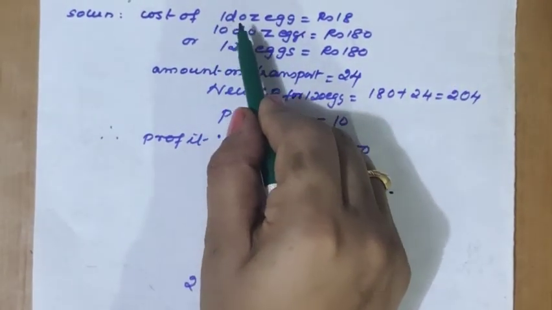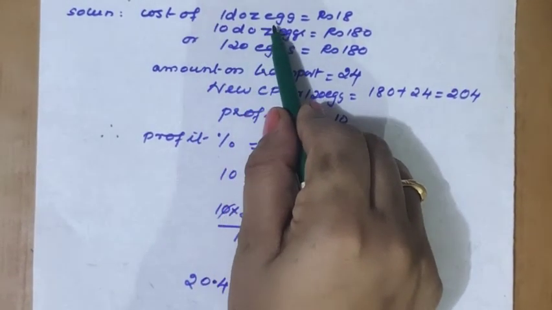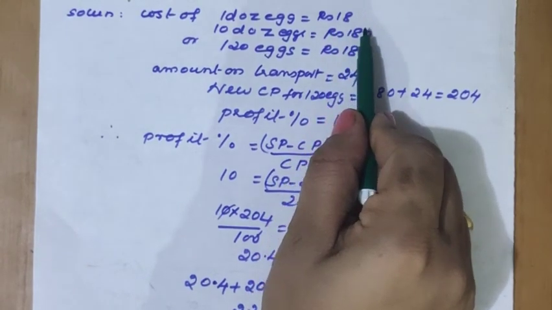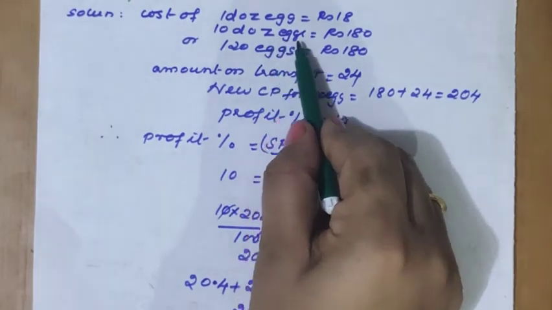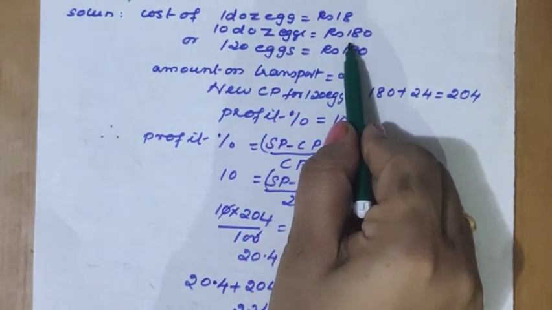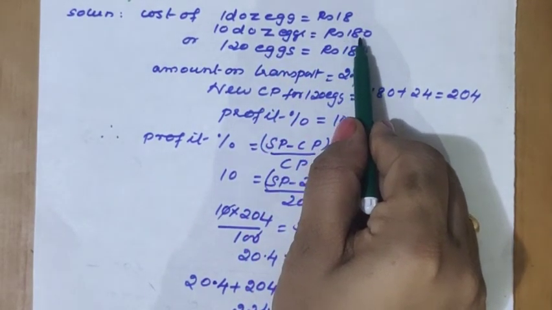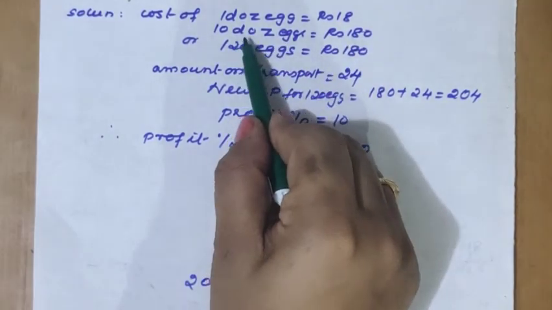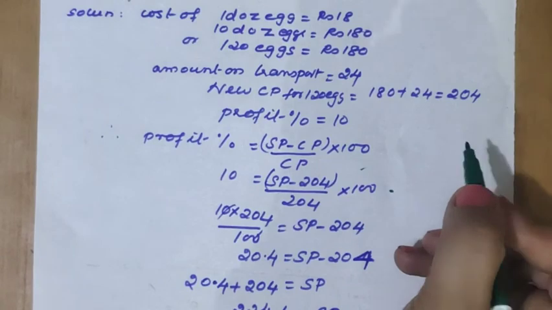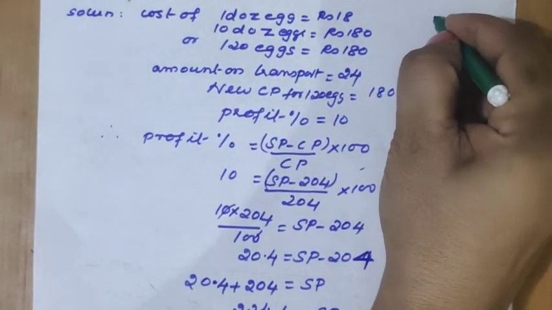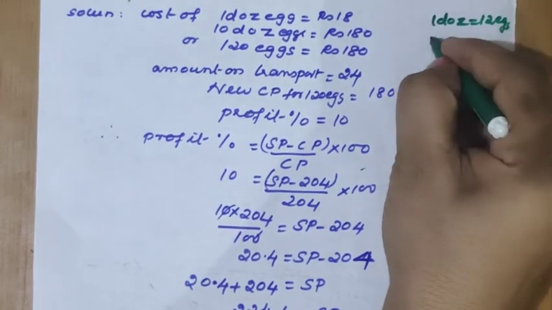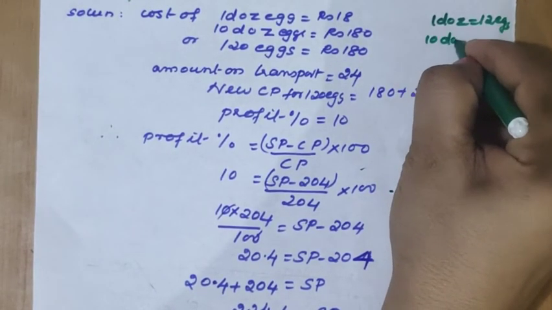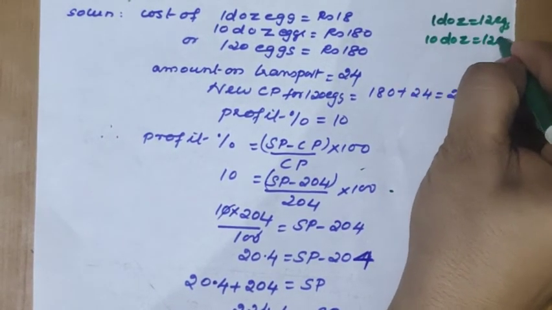So what is given in the question? Cost of 1 dozen eggs is equal to rupees 18. How many dozen eggs did he purchase? 10 dozen eggs he purchased. That means 18 into 10, that is equal to rupees 180. 10 dozen eggs means how many eggs are there? 120 eggs, as 1 dozen means 12 eggs.